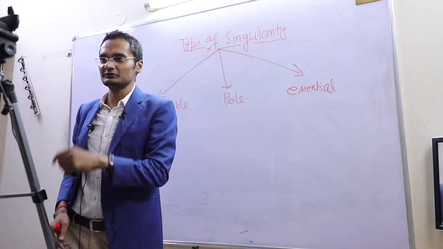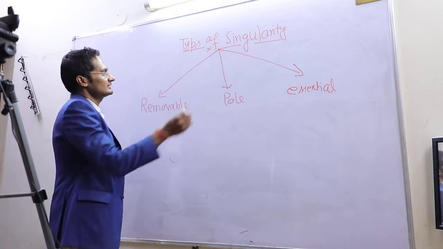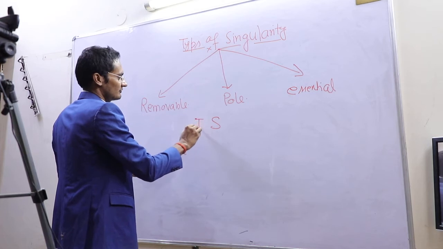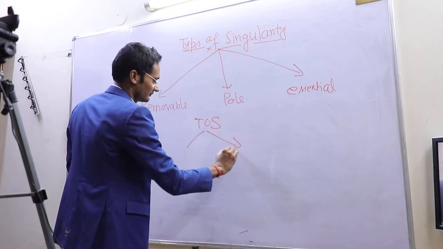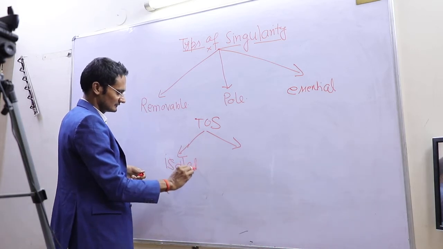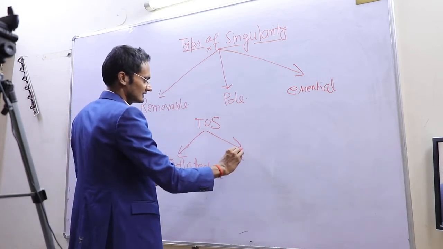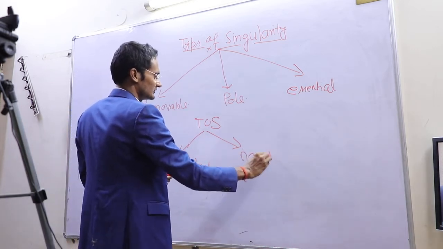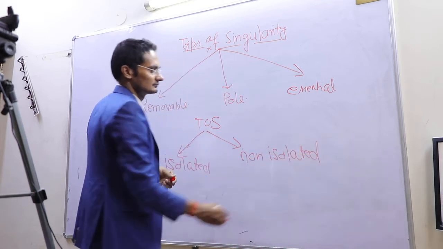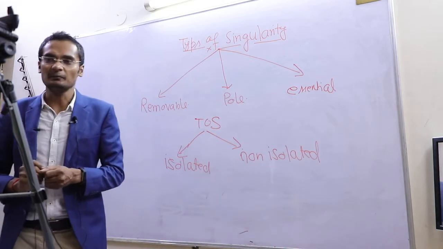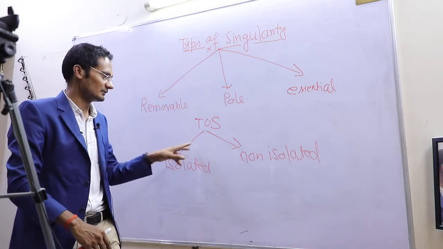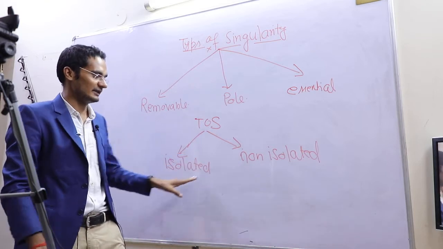There are two types of singularity. One is isolated, another one is non isolated. The type of puncture in an analytic function is of two types, first is isolated, another one is non isolated.